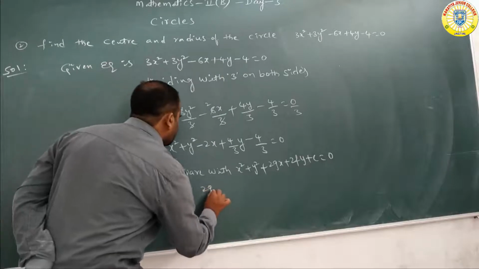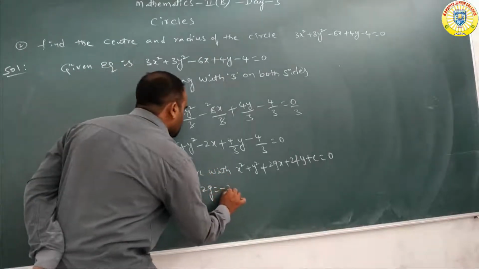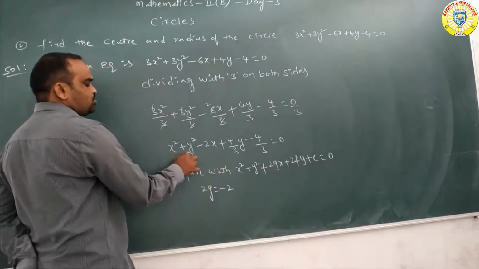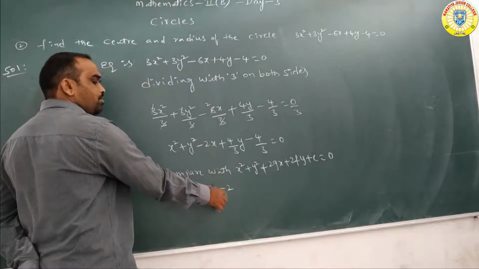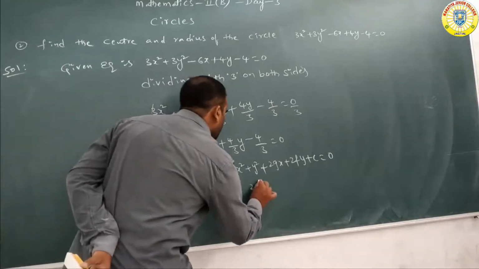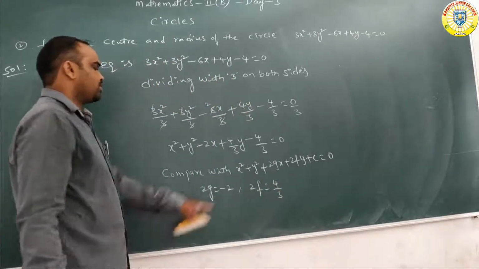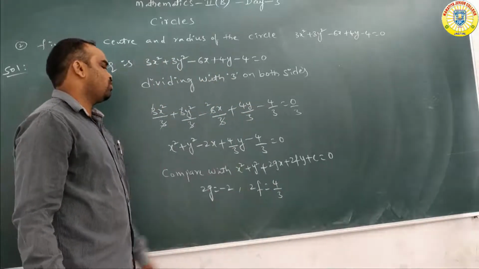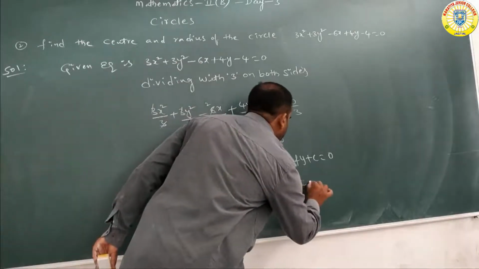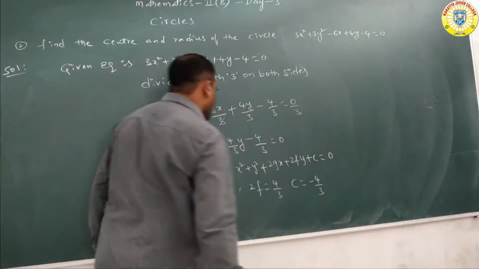Here 2g is minus 2, 2f is 4 by 3, and c is minus 4 by 3.